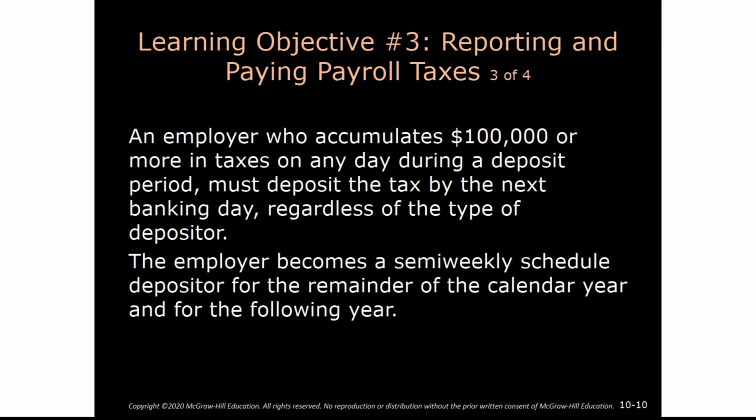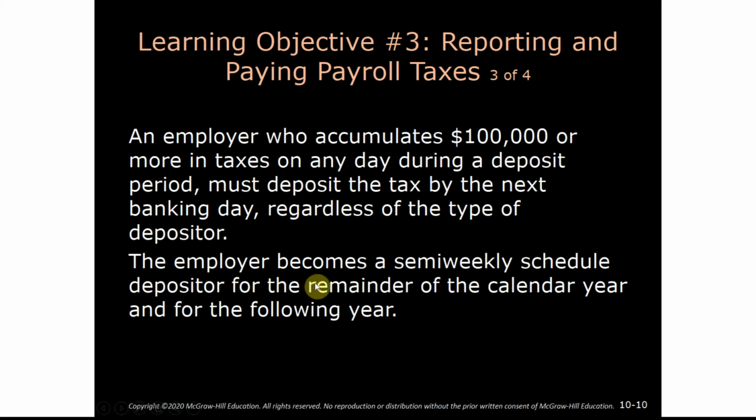And then an employer who withholds $100,000 or more in taxes on any day during a deposit period must deposit the tax by the next banking day. So here, if we see an accumulation of withholdings, then that has to be paid on the very next business day by the employer to the government.